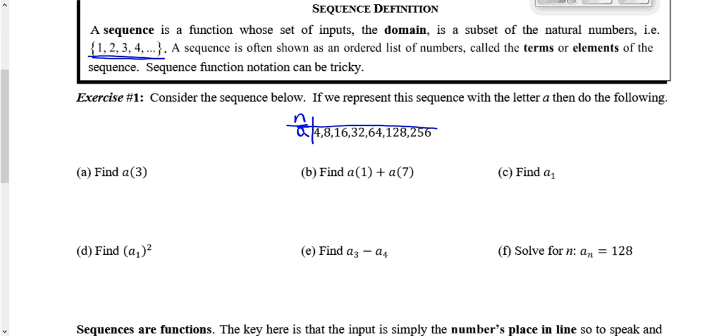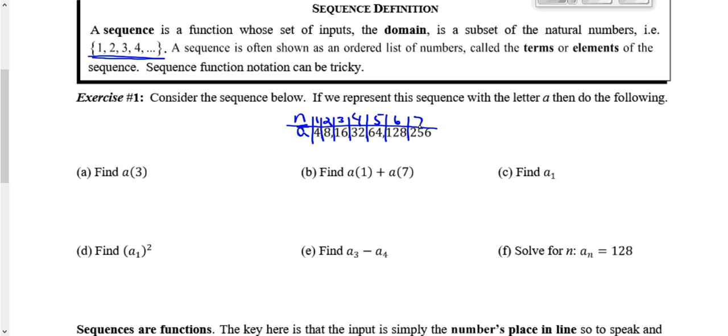And I'm just going to draw the 1, 2, 3, 4, 5, 6, 7, right? First, second, third, fourth term, etc., all the way to the seventh term, okay?